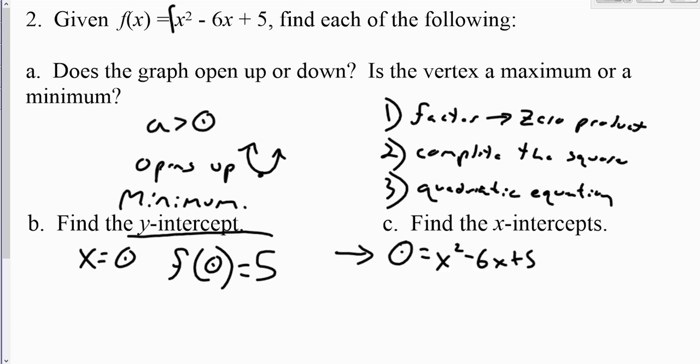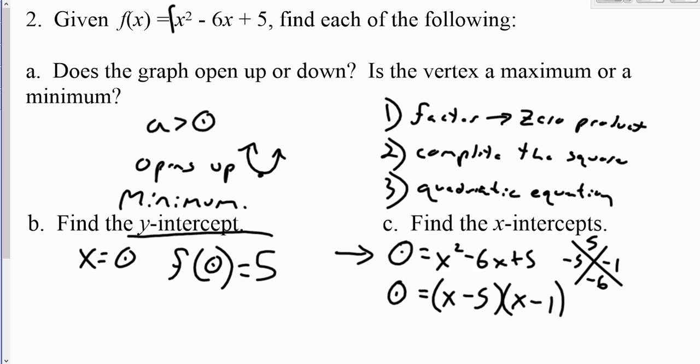Okay, I always like to try and see if things factor first. It's typically the quickest. So I need things that multiply to be 5 and add to negative 6. I get negative 5 and negative 1. Without an a value, I can just go ahead and say that this is (x minus 5)(x minus 1). So x is equal to 5 and 1.